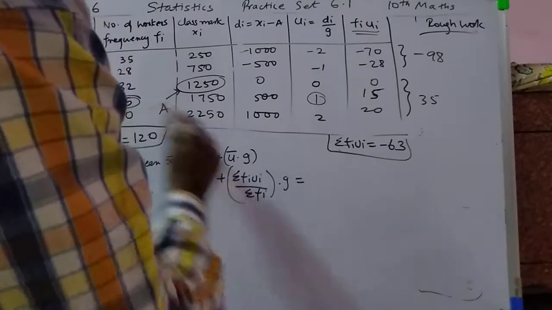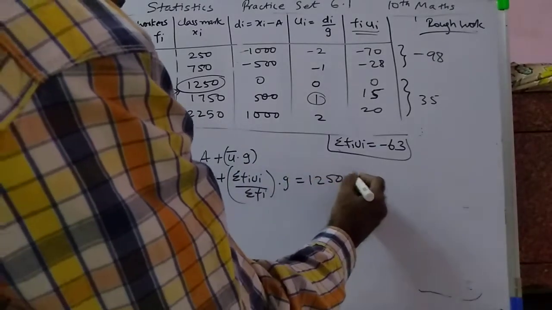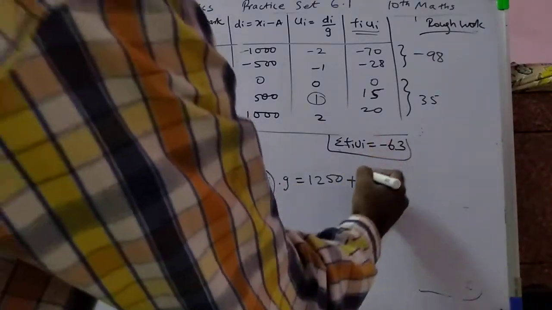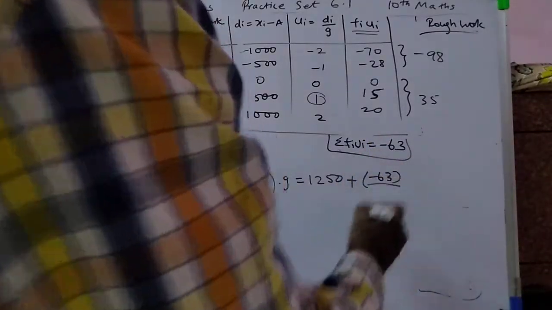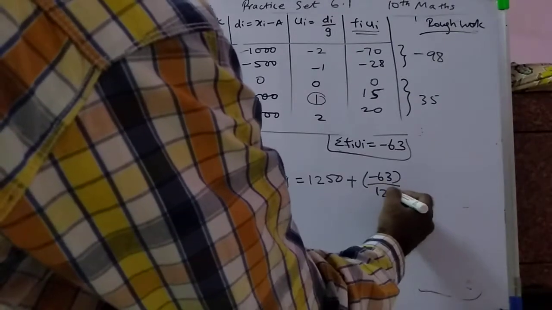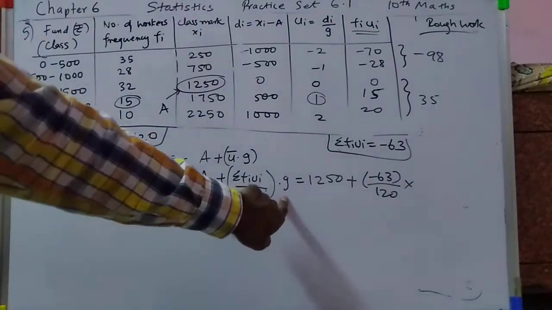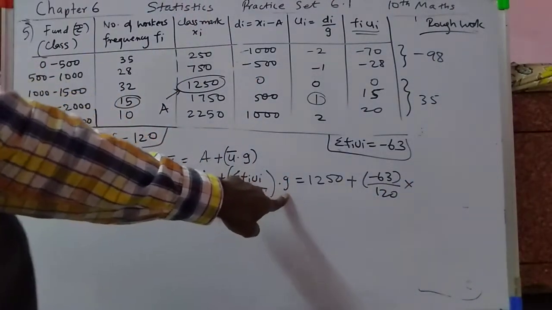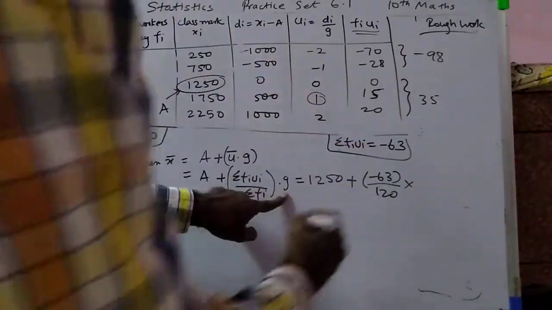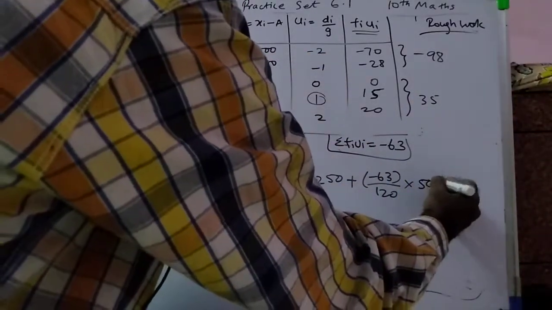So a is 1250, plus minus 63 upon 120, and g is 500. Okay, g we got, g was 500, into 500.